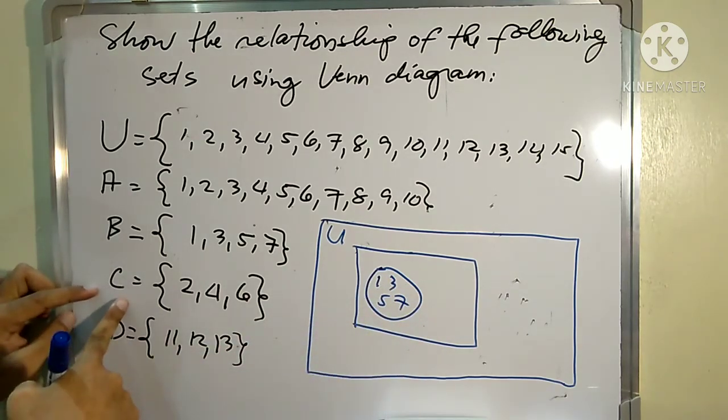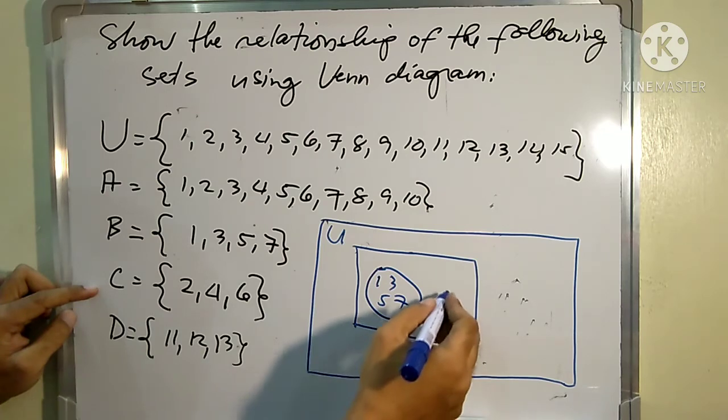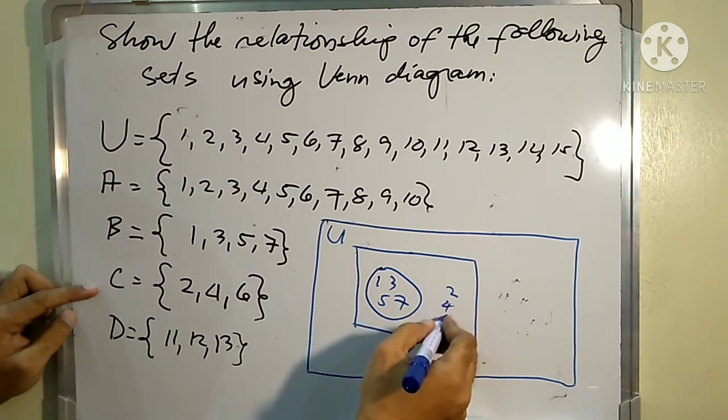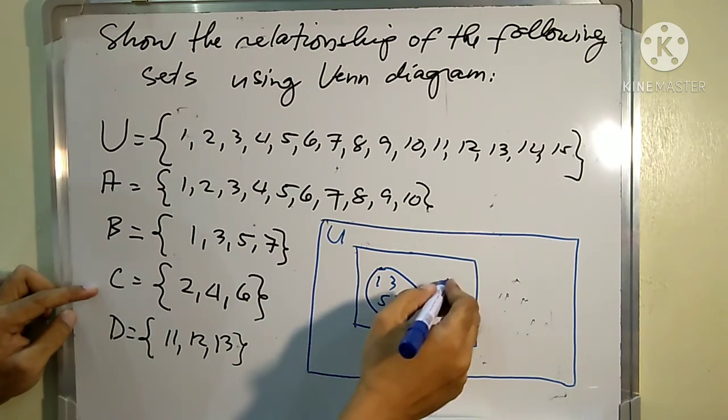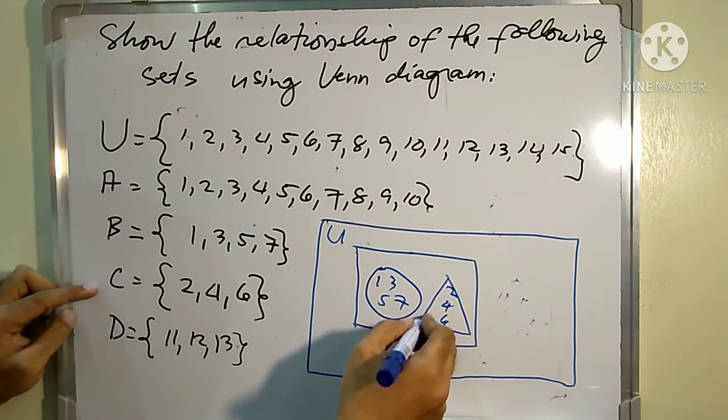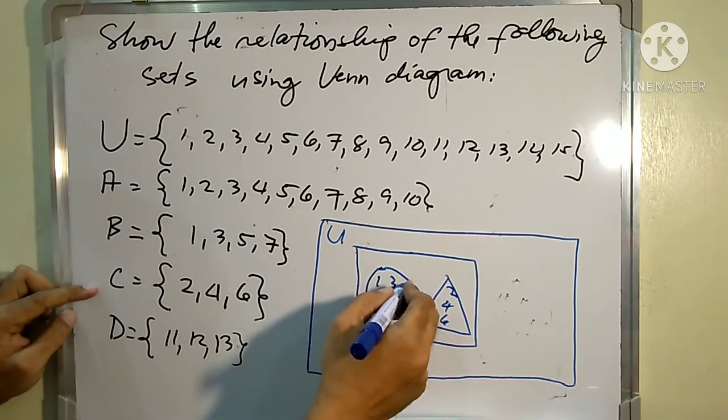And set C has elements 2, 4, and 6. Set C, set B.